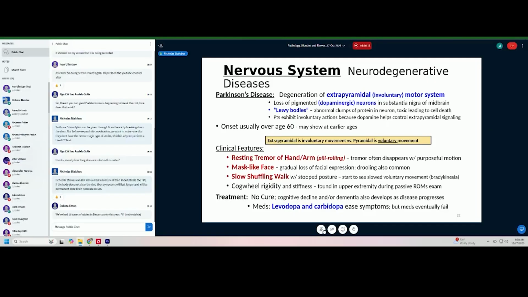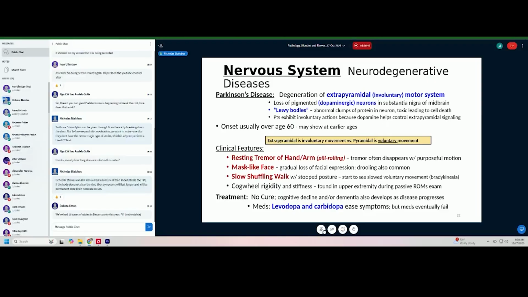So when we lose that ability to really control that voluntary movement, that's because there are these cells in what's called the substantia nigra that make dopamine. And dopamine is what's responsible for helping with those smooth movements. When we lose those cells, we don't make dopamine. And so when we lose dopamine, we can no longer really control those voluntary movements.